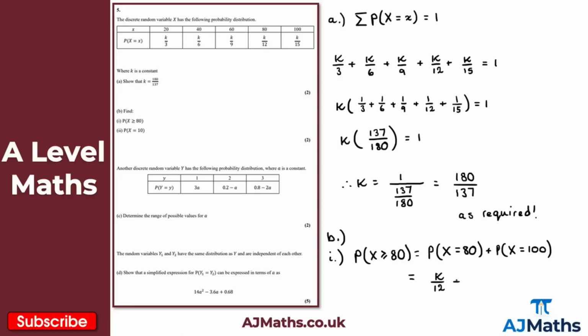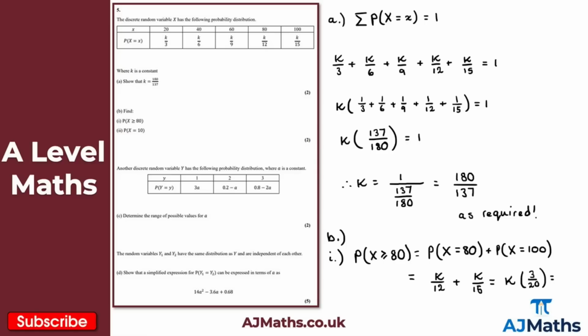We've then got the probability of x being equal to 100, which is k over 15. If you evaluate this, what this would give me is k times 3 over 20. And we know the value of k. K is 180 over 137.